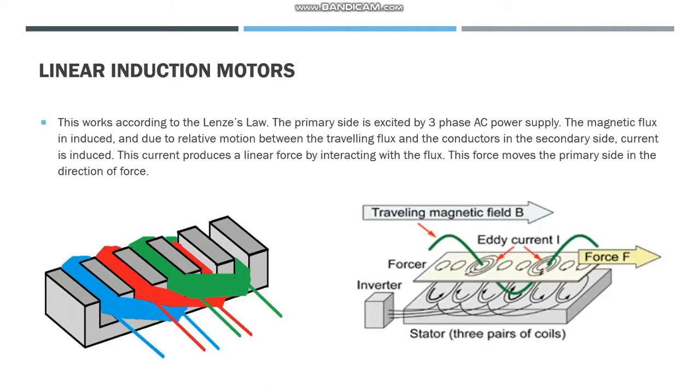Due to relative motion between the traveling flux and the conductors in the secondary side, current is induced, by which a linear force is produced by interacting with the flux, and this moves the primary side in the direction of the force.